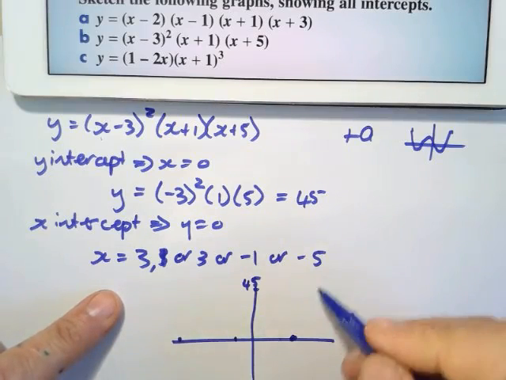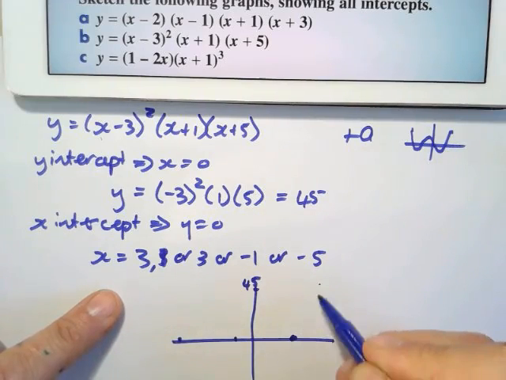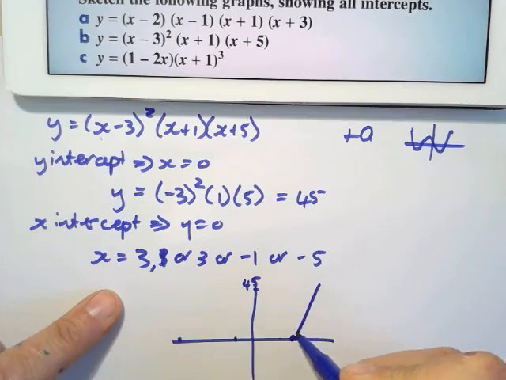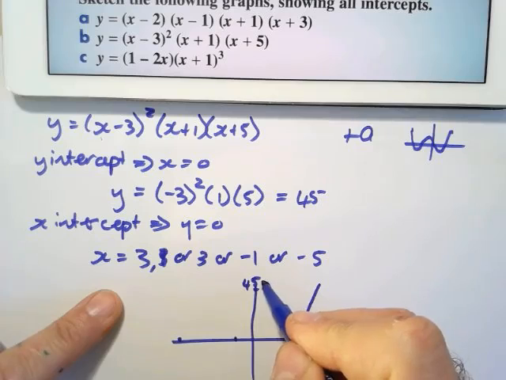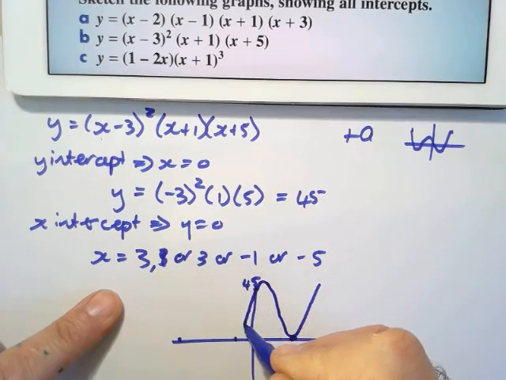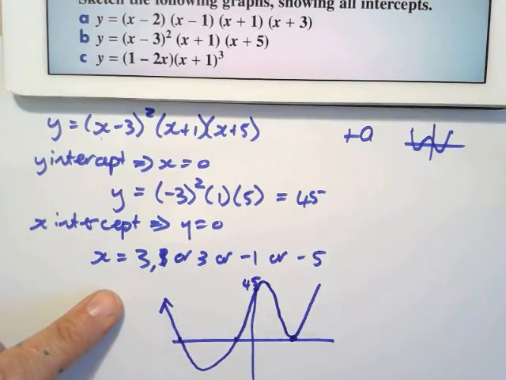If I start at the top and I need this shape, and it needs to turn on that point, it turns there. It's probably going to turn before, go to 45, intercepts there, intercept there. So that is the shape.